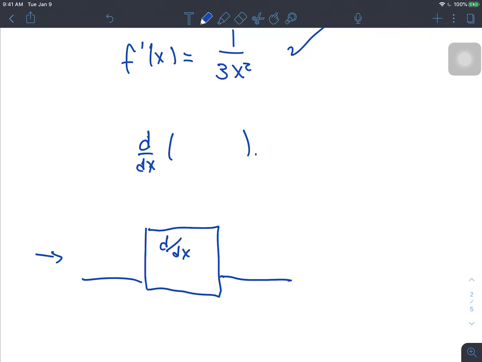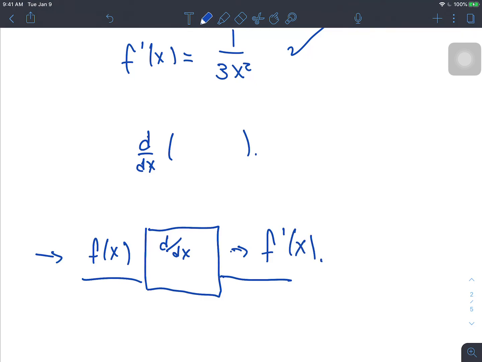The difference for an operator is that an operator takes functions as input. We take an entire function into the operator, and the operator does something to it, and out pops f prime of x.